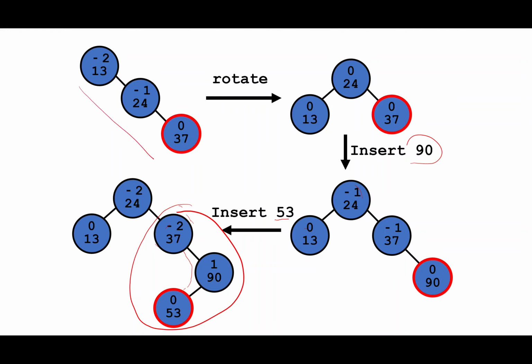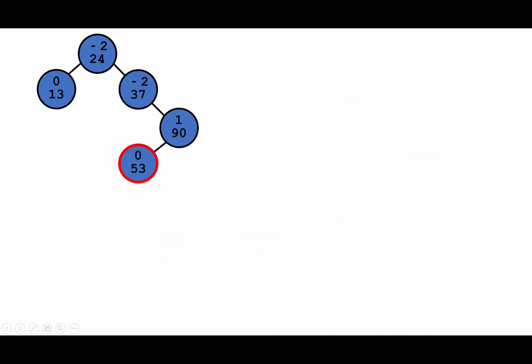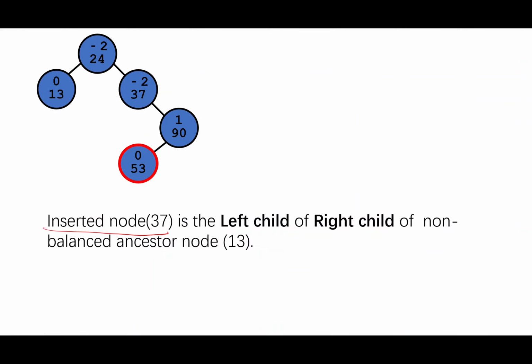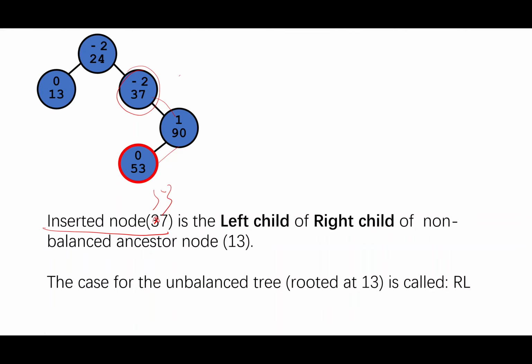The inserted node is a left child of the right child of the unbalanced node. This kind of unbalanced tree is called RL type.